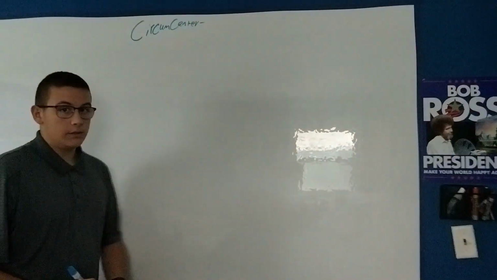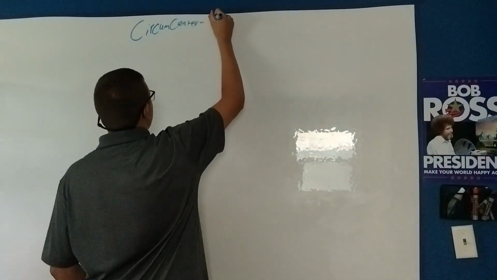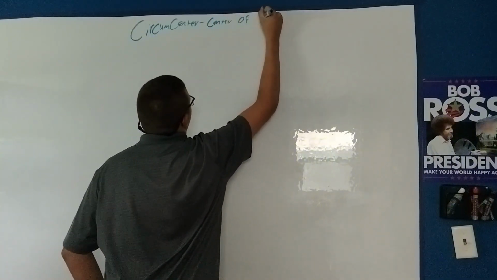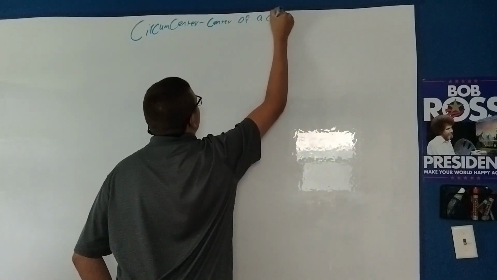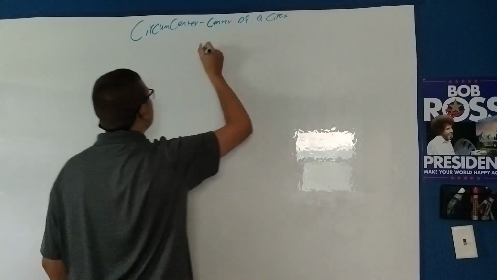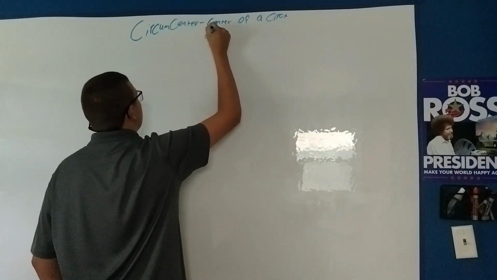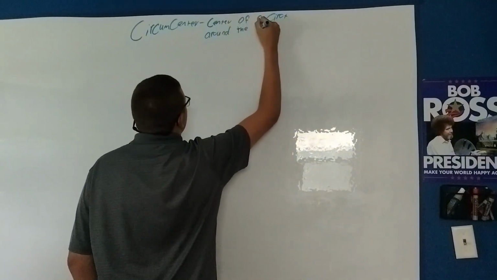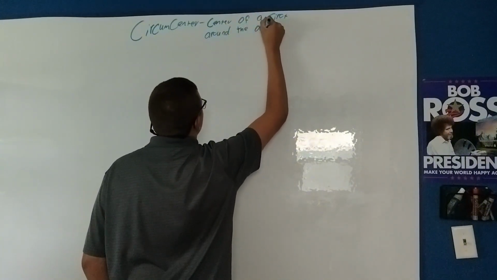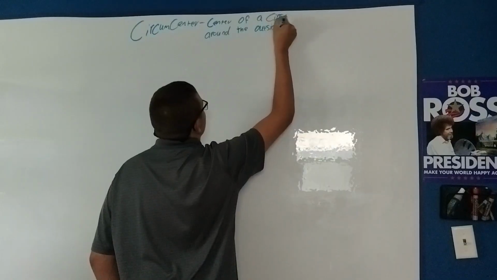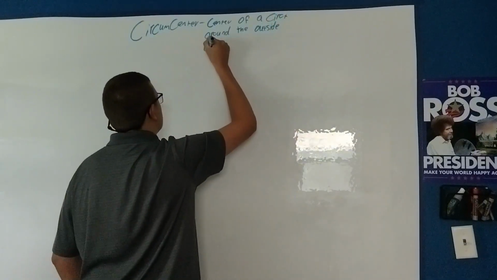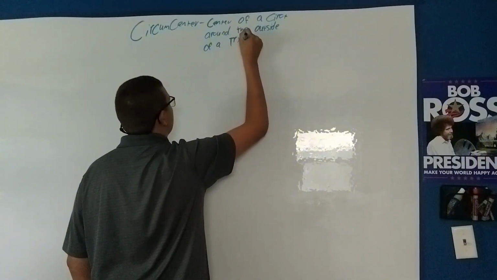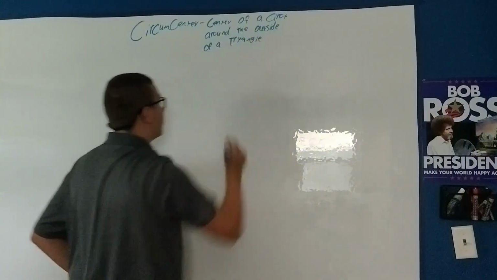The circumcenter is the center of a circle around the outside of a triangle.